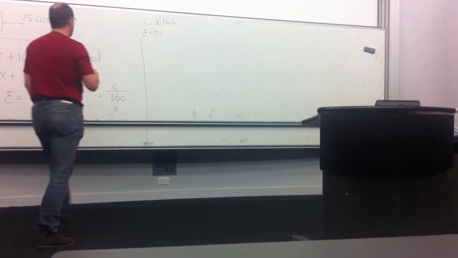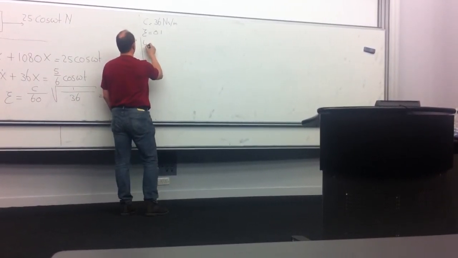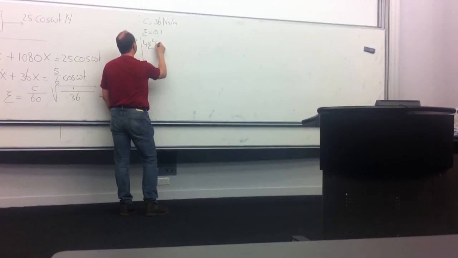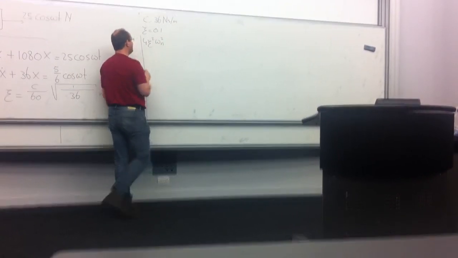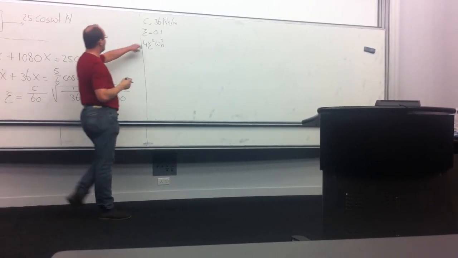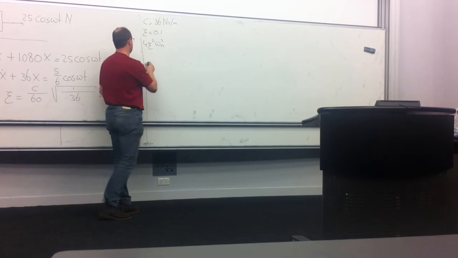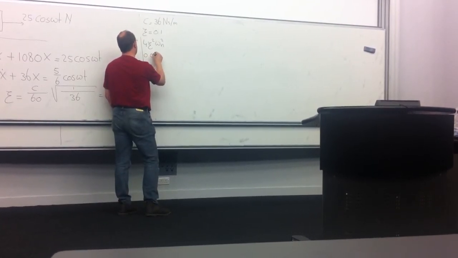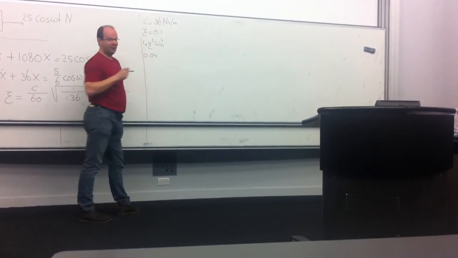And it also means that 4 times theta squared times omega n squared is 4 times 0.1 squared, is 0.04 times omega n squared.